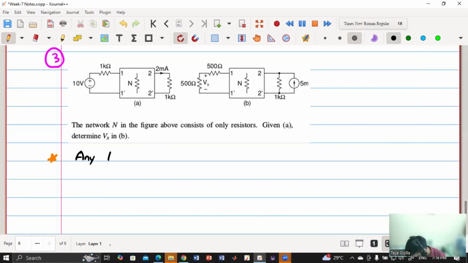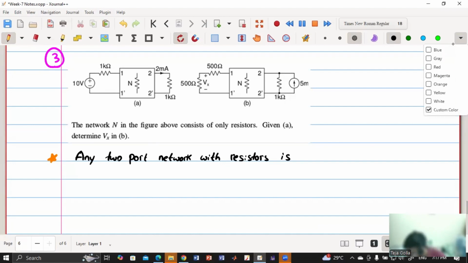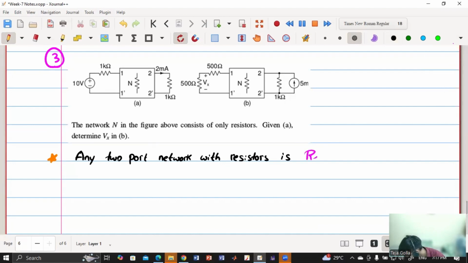Any two-port network with resistors, which can be excited with independent voltage or current sources. In this, the entire network is resistors and they are exciting it with either a voltage source or a current source. Any two-port network with resistors is reciprocal. So now we know that this system is reciprocal.